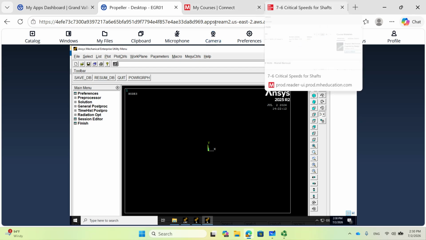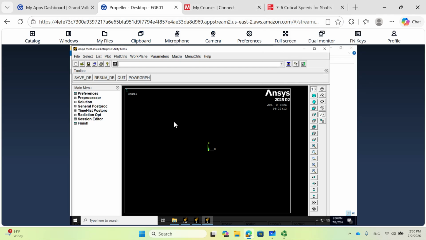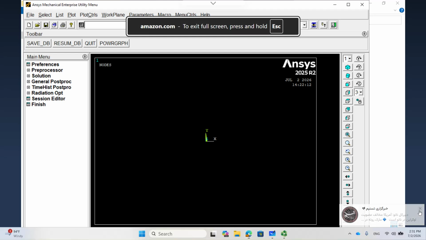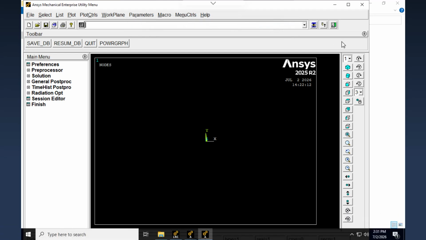You can model this shaft and find natural frequencies directly from ANSYS, but that one I have covered in another video. Here I just want to use ANSYS to find those deformations and then use the Rayleigh equation to find the natural frequency. So let's do it.